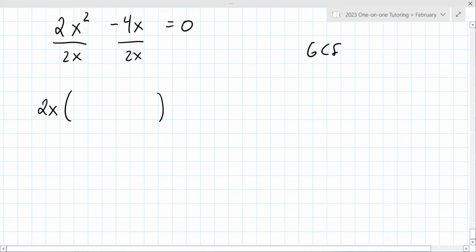What comes first here, inside parentheses? 1x minus 2, yes. Okay, now set each of those equal to 0.